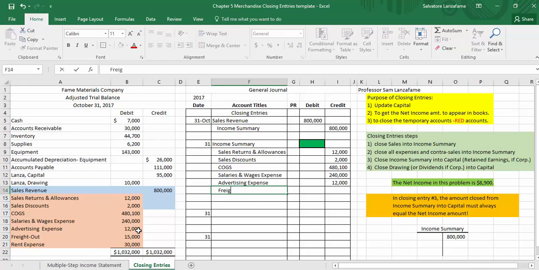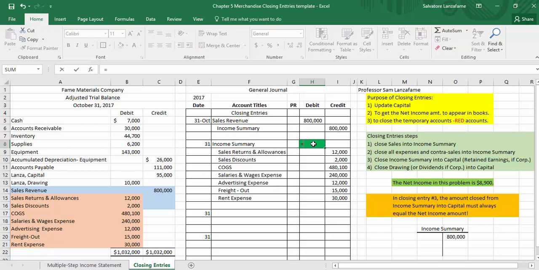We have freight out, freight so. Sorry, bad joke, but you're used to that with me. 15,000. And finally, rent expense for 30,000.